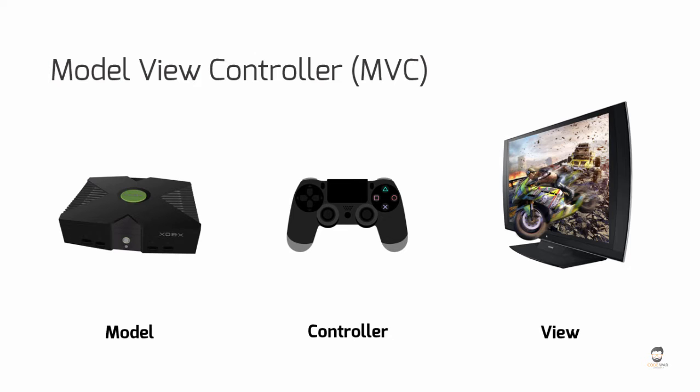This is pretty simple. If you are not aware of MVC, or if you're confused or struggling with MVC, this is the basic example that you should remember. And of course, this is the concept that we are also going to use in our web application.